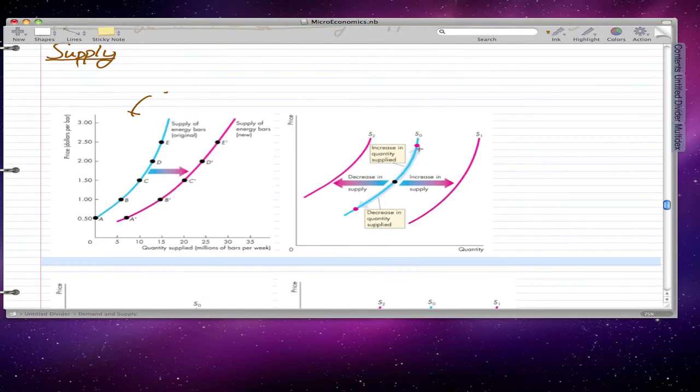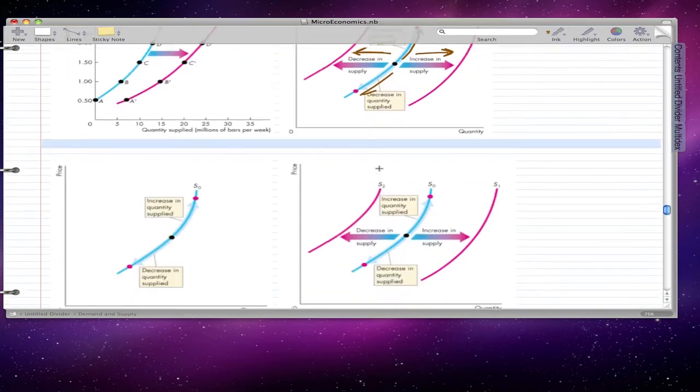But if something other than price changes, some other factor like technology, then the supply curve will shift to the right, or if there was bad weather, the supply curve would shift to the left to indicate a decrease in the supply.